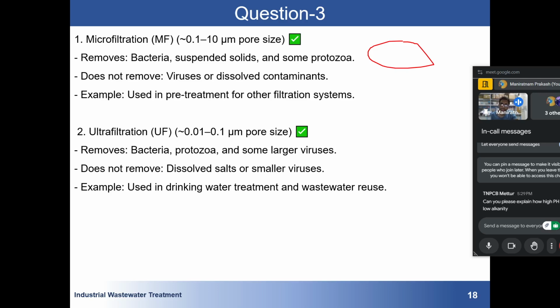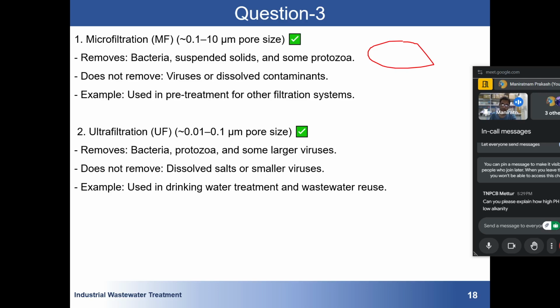It removes bacteria, suspended solids, and some protozoa. It does not remove viruses and dissolved contaminants. Then we have ultrafiltration, between 0.01 and 0.1 micron.